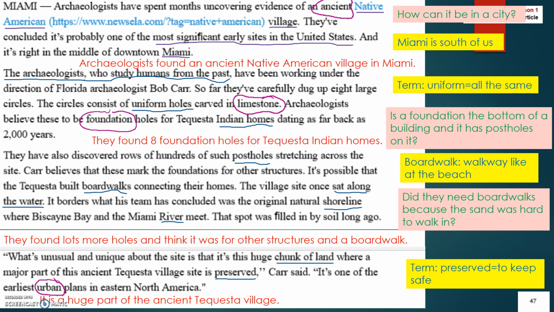So go ahead and do the rest of the article like that, and then we will have marked up everything, and we'll be ready to talk in groups about what we've learned, what we still aren't sure about, and what this article is really all about.